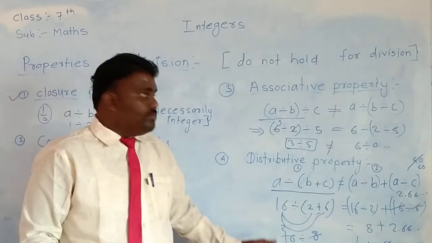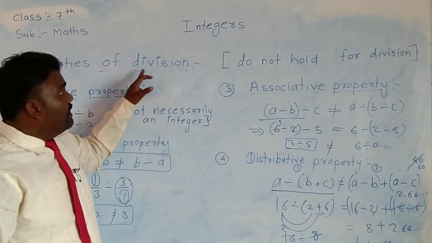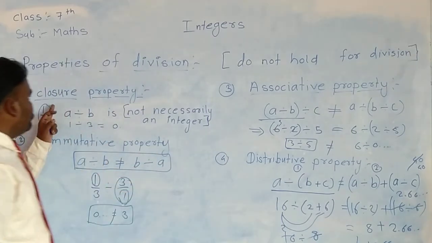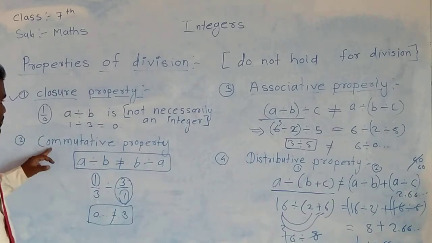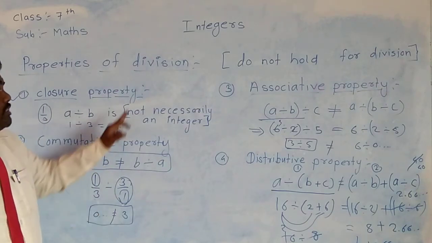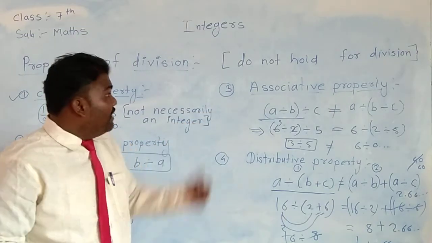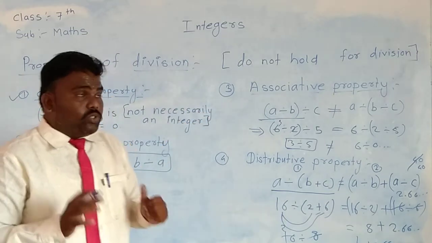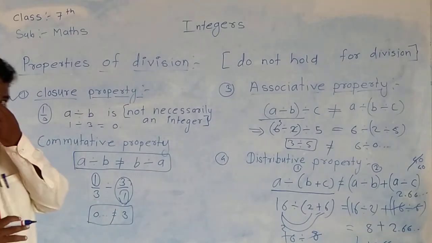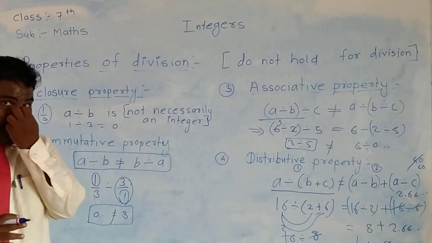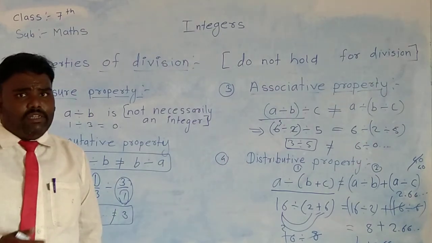Just because of that I am saying the distributive property is not satisfied under division, and also the closure property does not hold under division, the commutative property does not hold under division, and the associative property does not hold under division. So this is all about the properties of division. And in the next class we will talk about the problems.